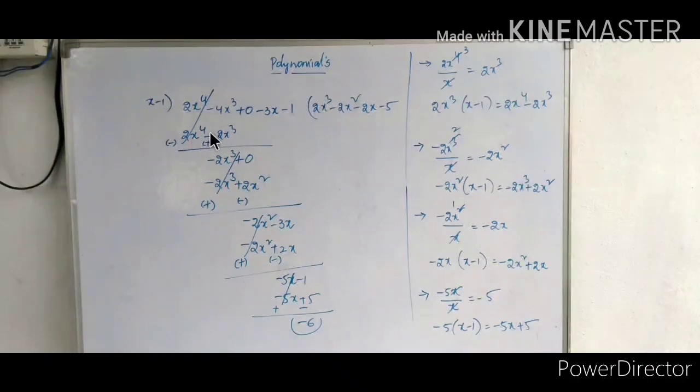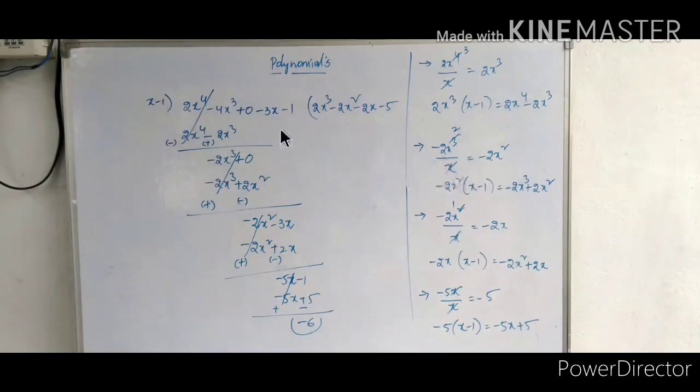So the result is 2x power 4 minus 2x cube. The deduction result is 2x power 4, 2x power 4 cancel, and minus 4x cube plus 2x cube result is minus 2x cube. Let's take 0 here.